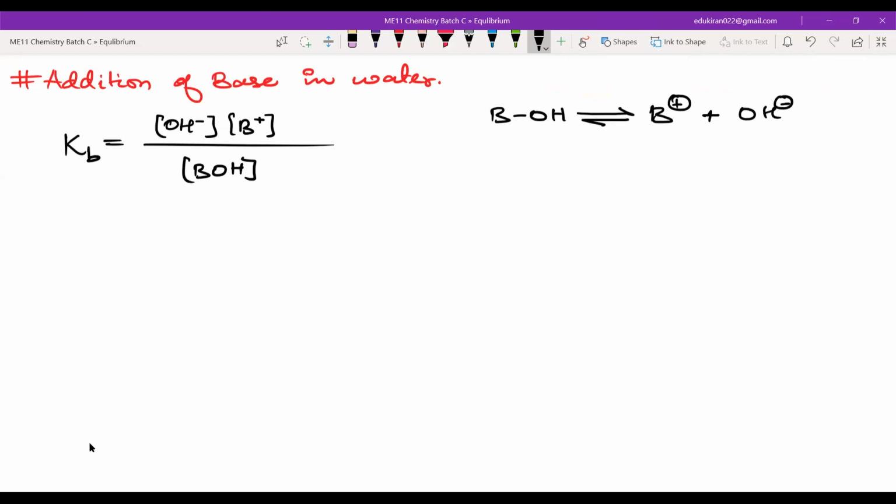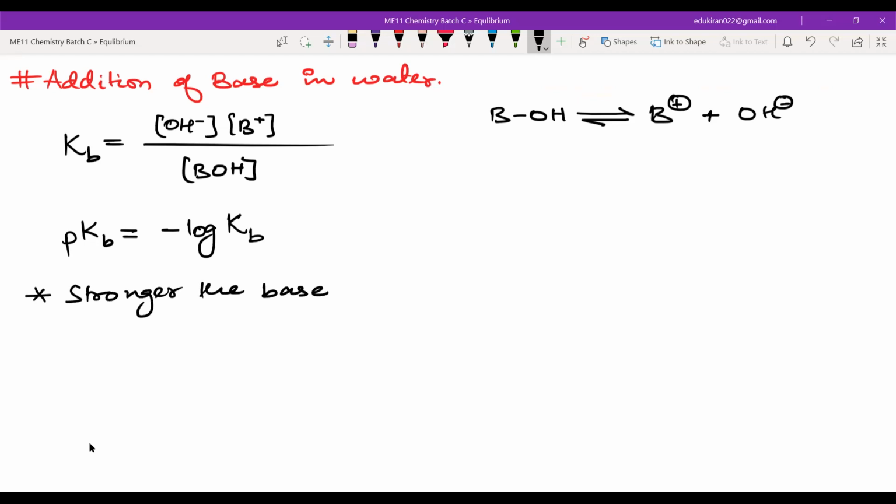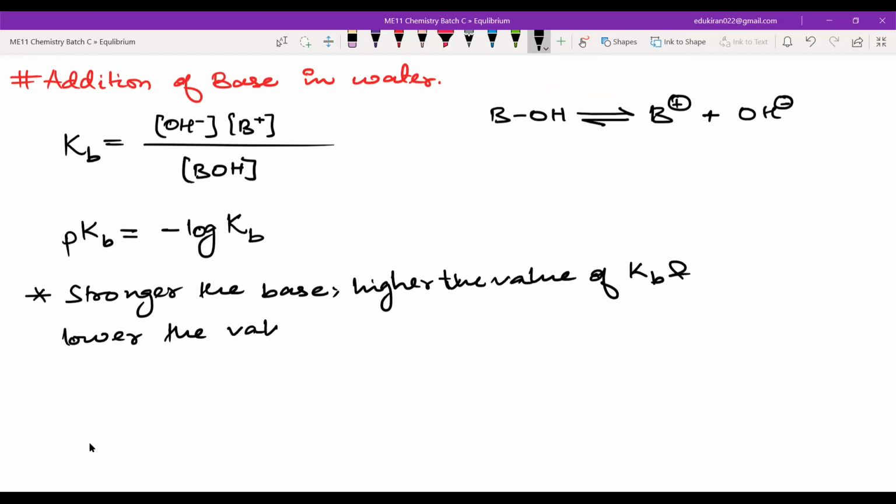What else can we write? We can also write the pKb. This will be equal to minus log of Kb. Okay, so the stronger the base, the higher the value of Kb and the lower the value of pKb.